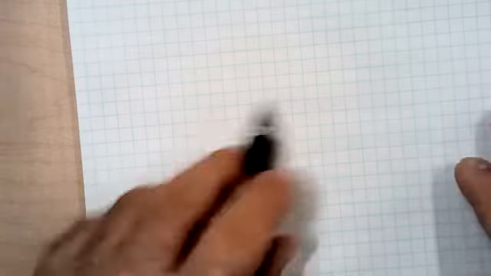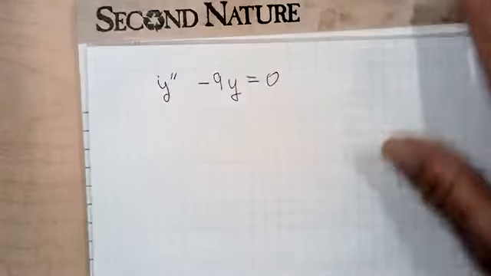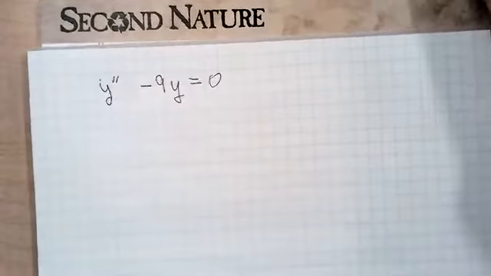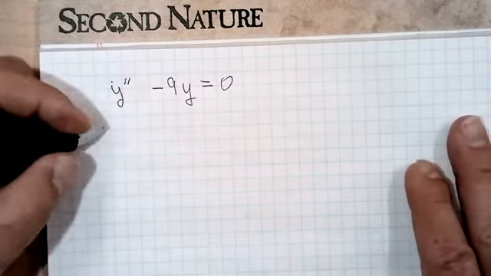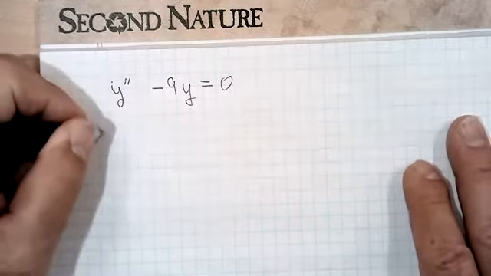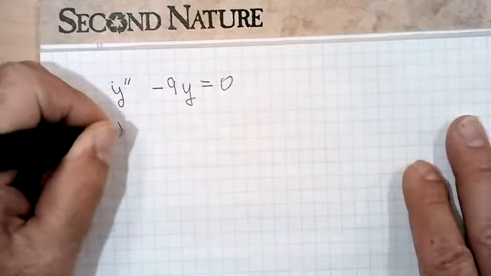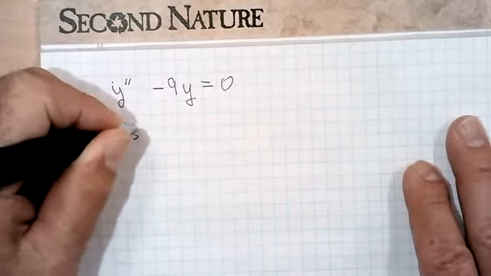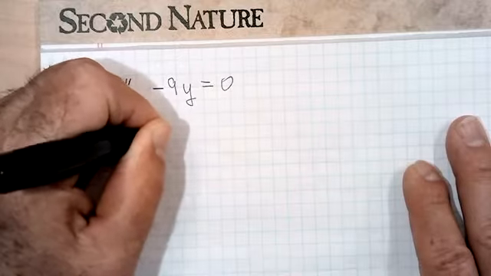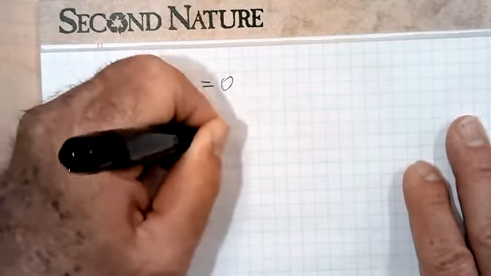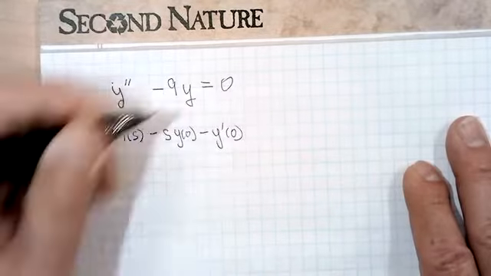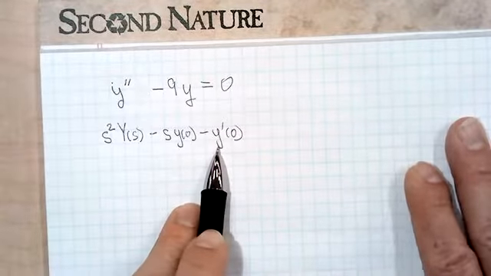So if we're going to do this by Laplace transforms, then the transform of this is s squared cap Y at s minus s y at 0 minus y prime at 0. But of course, I don't know those numbers.